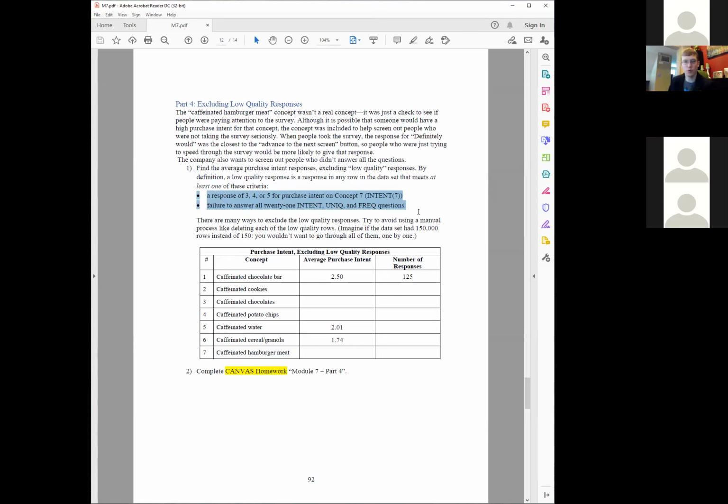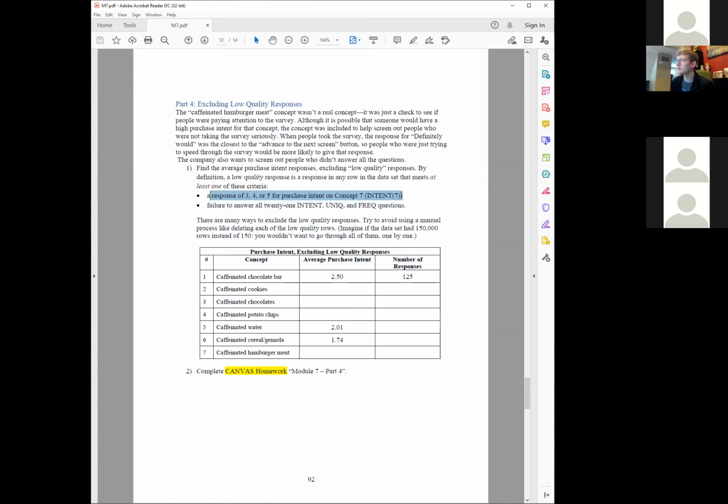Because remember, when you're programming your criteria, you tell the average if or the count if what to include. So we need to tell it to include any person that put a 1 or a 2 specifically for the intent 7 question, and only people that answered all 21 questions.